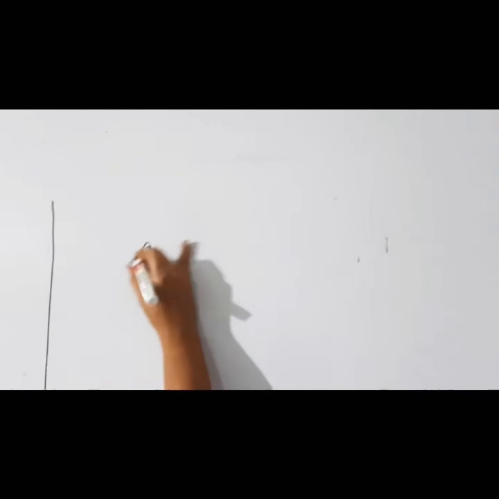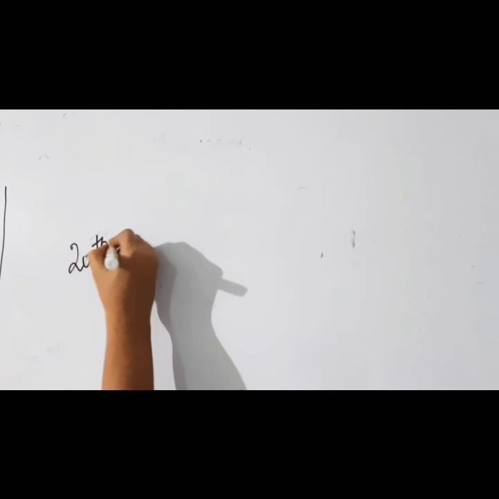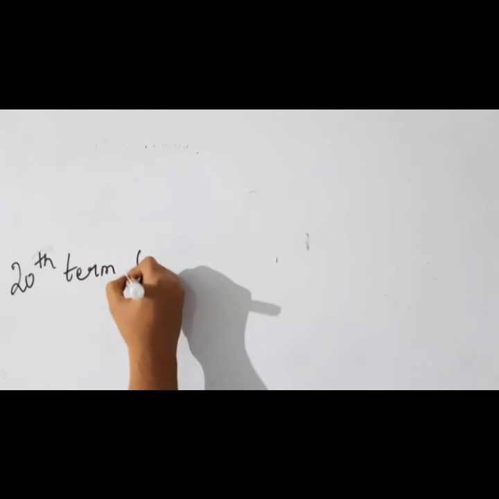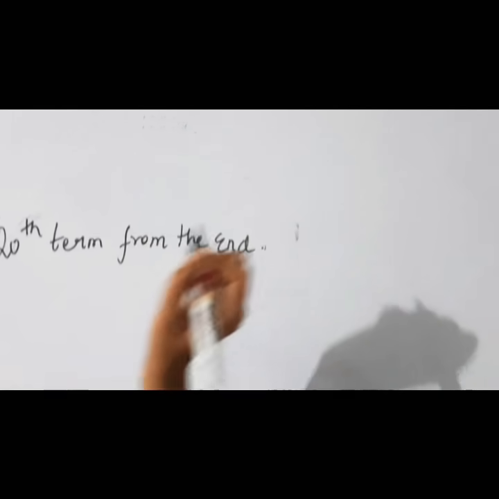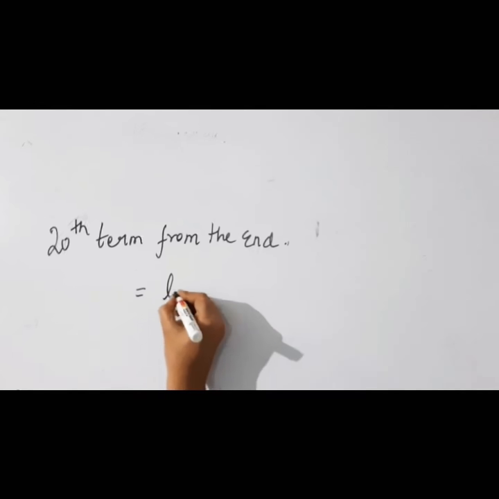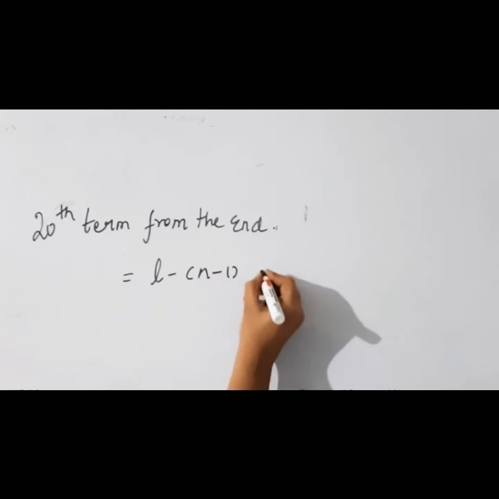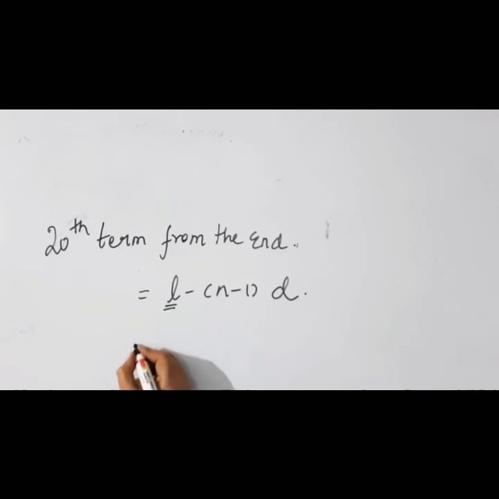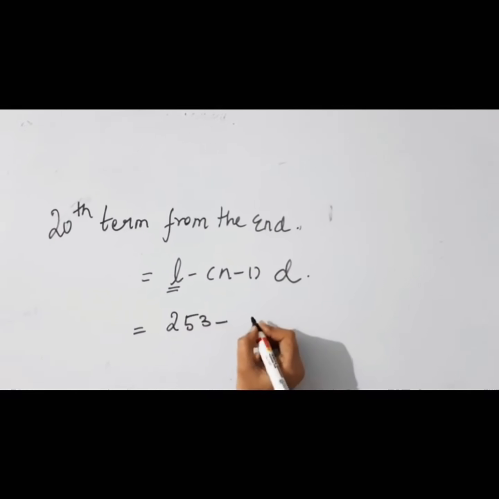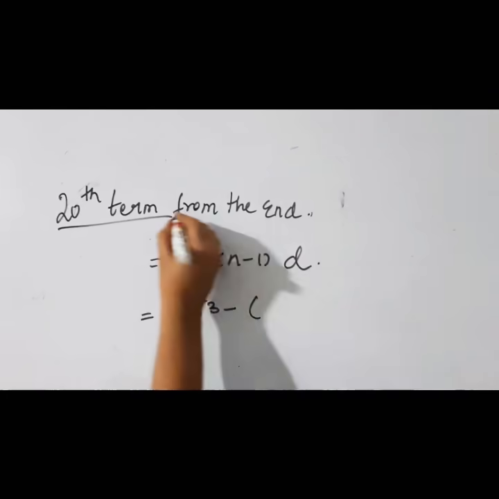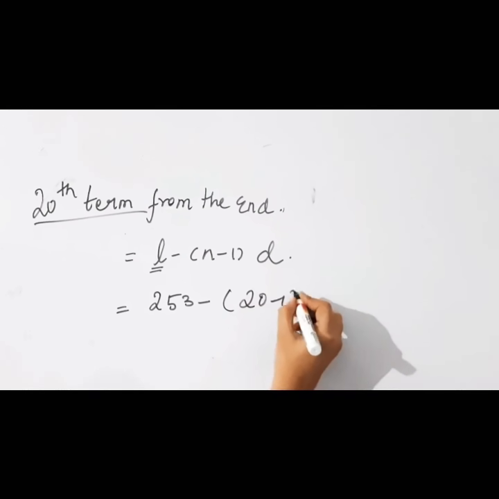Let us find out the 20th term from the end using the formula L minus N minus 1 into D. What is L? Last term, which is 253. What is N? 20th term. So 20 minus 1.